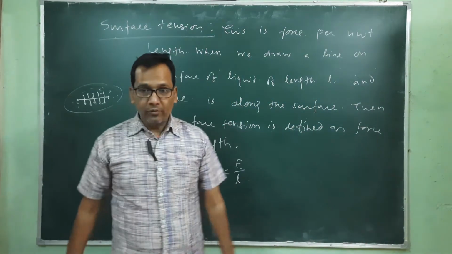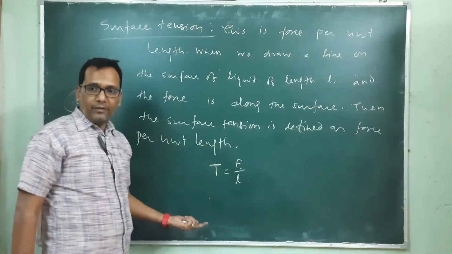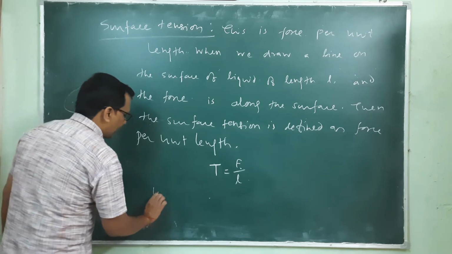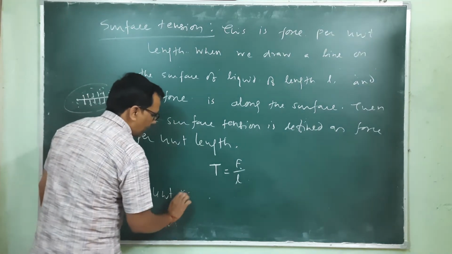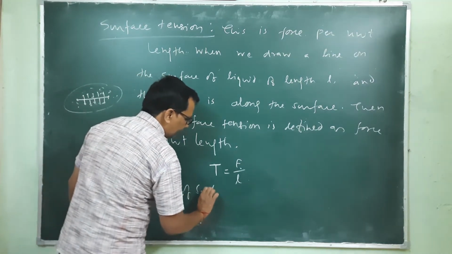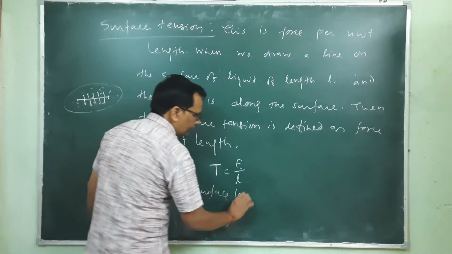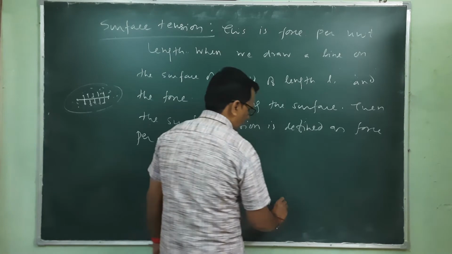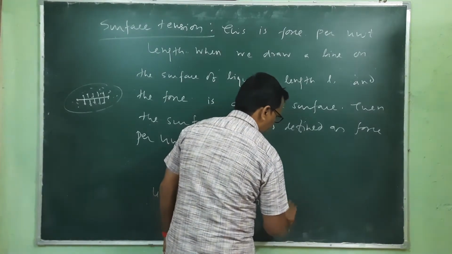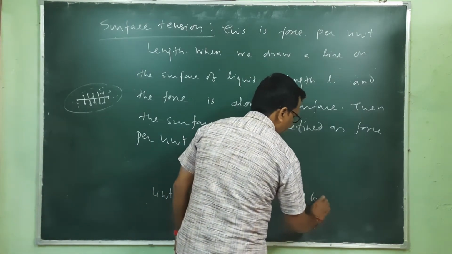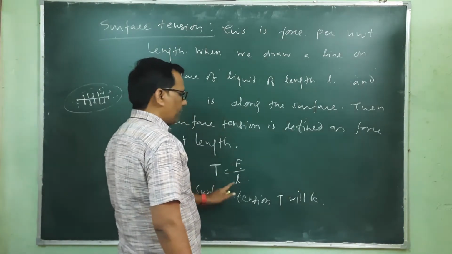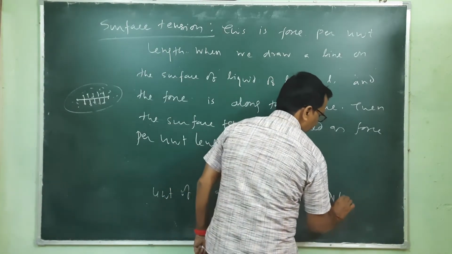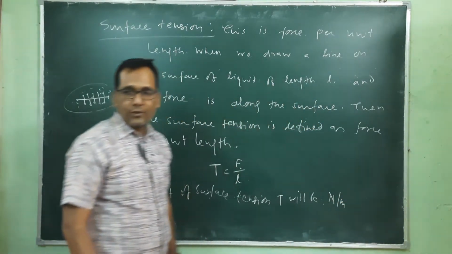Now you can find its unit and dimension. The unit of surface tension T is Newton per meter in SI units.